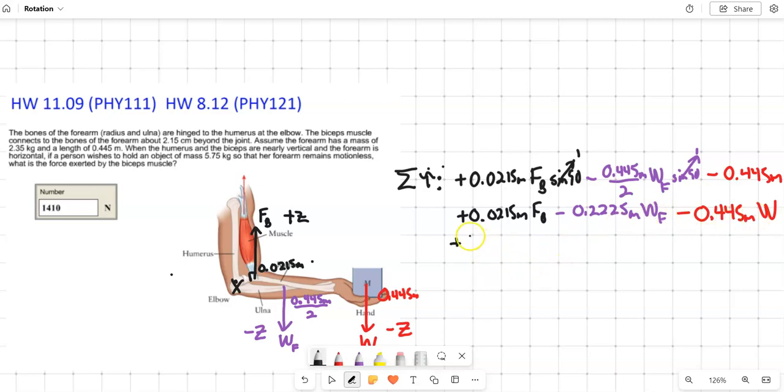This is 0.0215 meters times the bicep force.